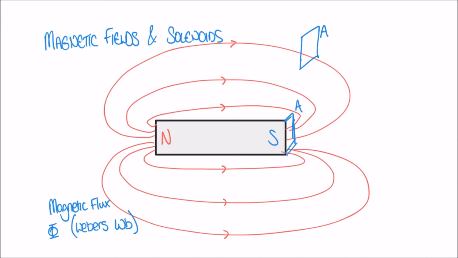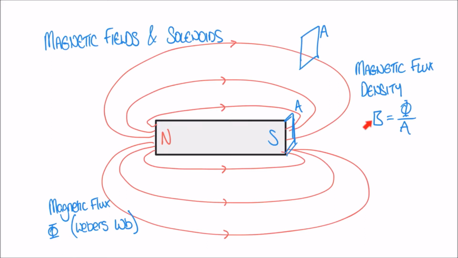And so the area has an implication on something called the magnetic flux density. And magnetic flux density, we give the letter B. And the formula for B, the magnetic flux density, is simply phi over A. So it's the magnetic flux divided by the area. So for instance, in our top area here, we have very little magnetic flux going through a given area.